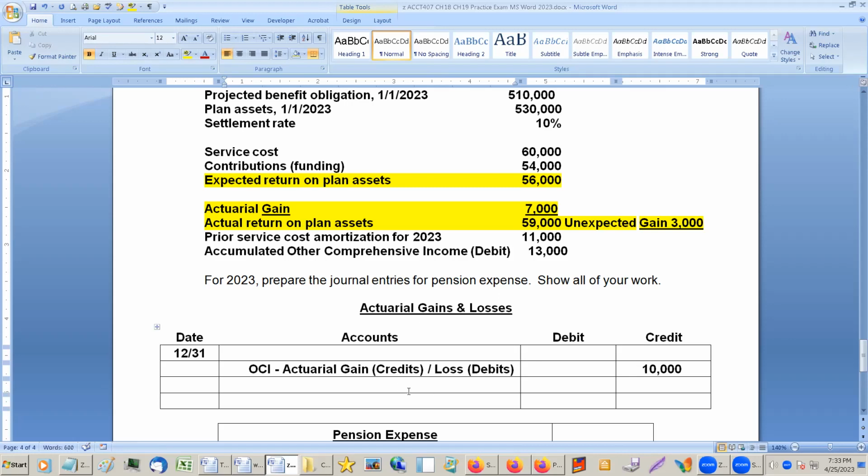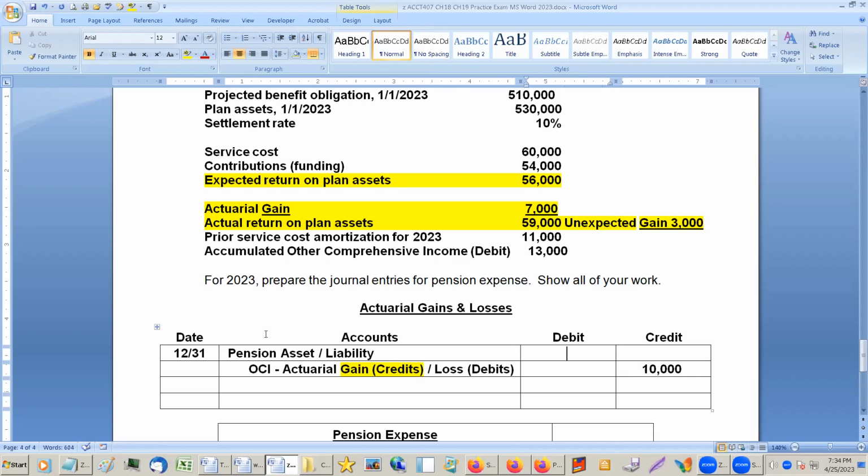So in this case, we have a gain. And here we have a pension asset / liability. And if it's an asset, it's increasing with a debit.